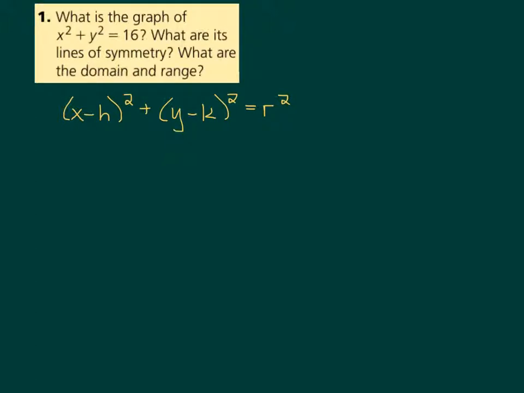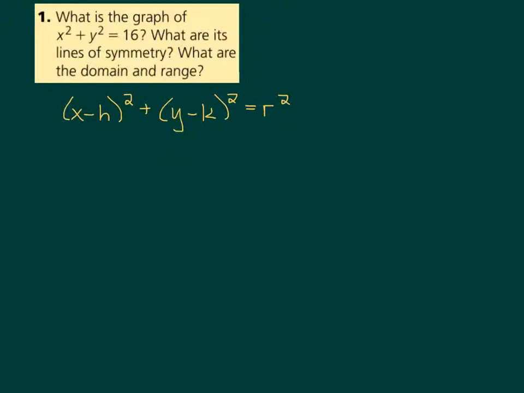So we know this is a circle of radius 4 centered at the origin, which, if we remember this from geometry, (h, k) is the center of your circle. What are we subtracting from x and what are we subtracting from y? 0 each time. So the center of the circle is (0, 0). Our radius is 4.